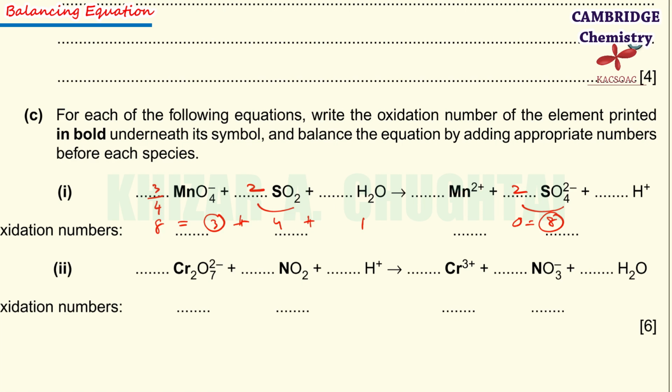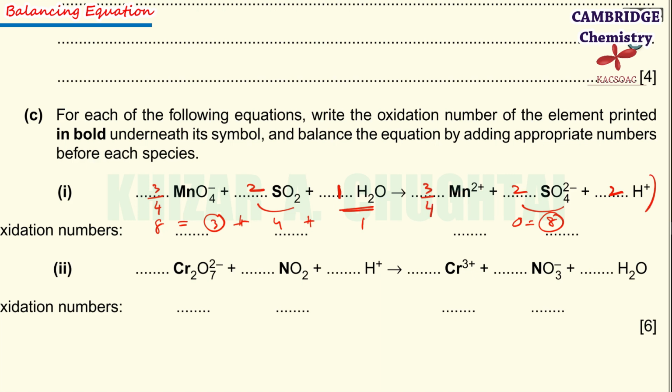Now oxygens are balanced, right? And now come at the last, hydrogen. H2, let's put 1 over here, 2 hydrogen atoms. Now hydrogens are balanced, oxygens are balanced, and I'm going to balance the manganese as well, 3 by 4.